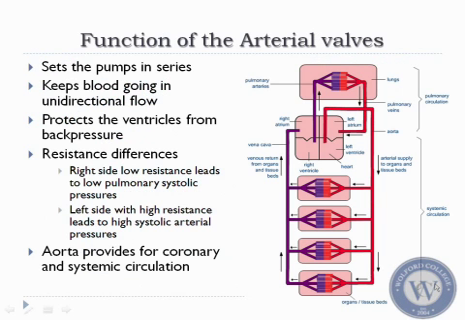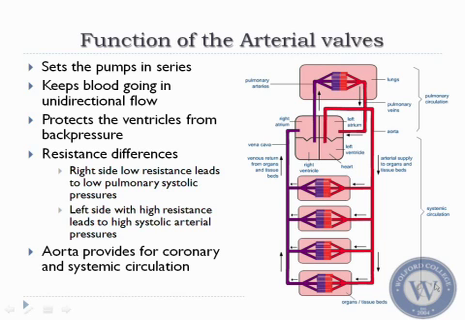Just know one other thing: the function of the arterial valves is basically to cause unidirectional flow of blood. It sets up the pumps to be in series from the right to left ventricle, and it protects the ventricles from back pressure from the aorta itself.